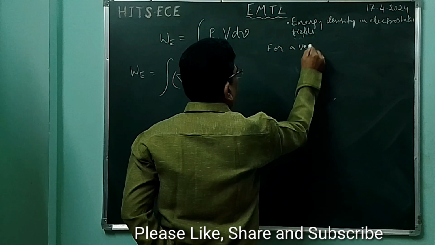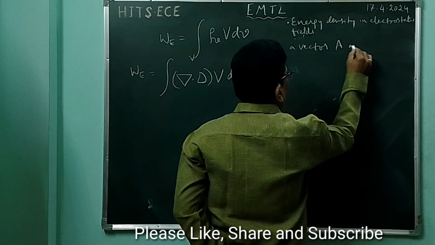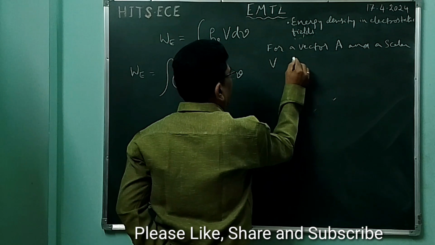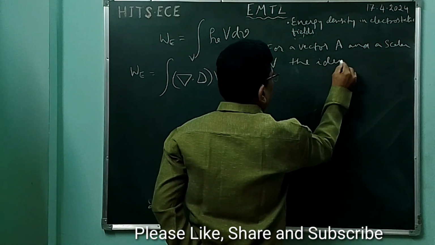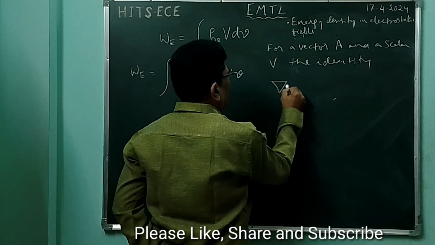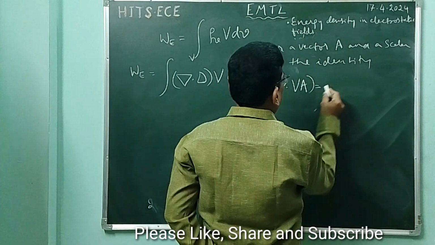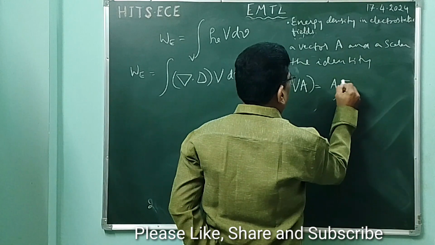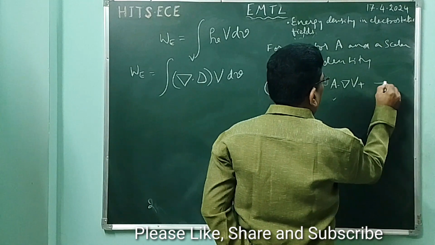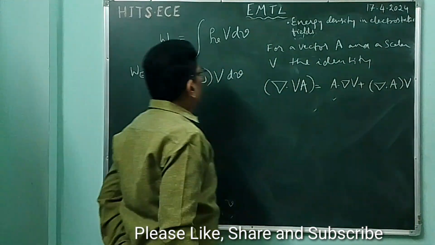For a vector A and a scalar V, the identity is ∇·(VA) = A·∇V + (∇·A)V.